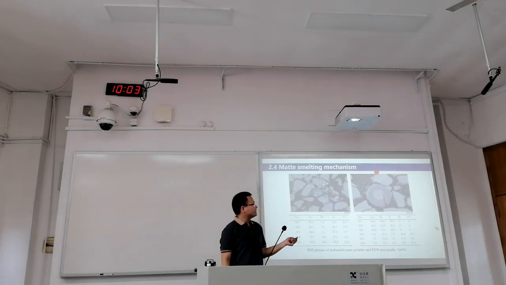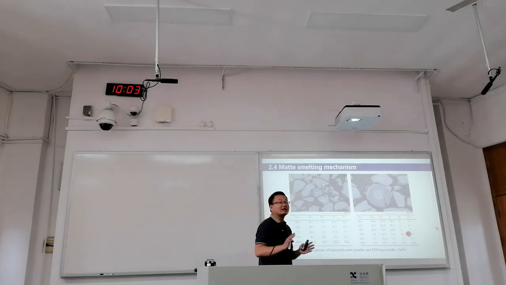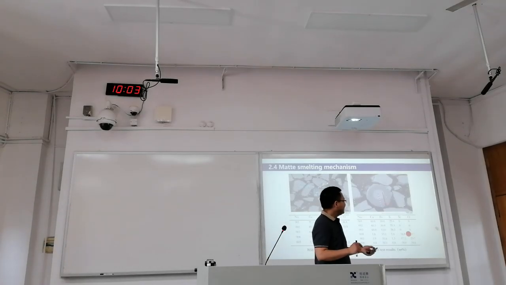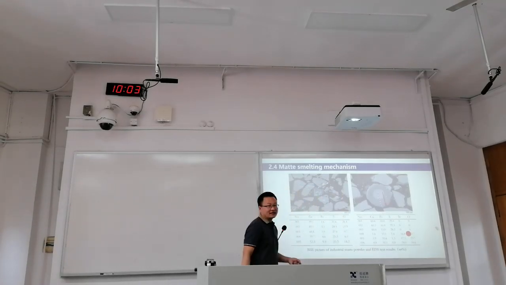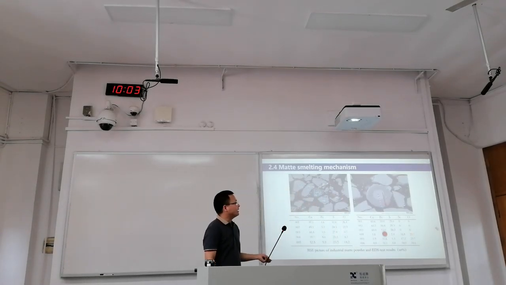If we are having matte as a product, what are we having for the slag? We are having iron and silica. So this is fayalite slag. And when we are having fayalite slag, we are always having iron as the dominant element. And we are adding silica as plus.